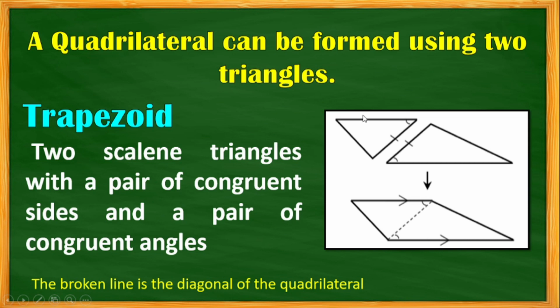So this side is different from this side, and this is different from this side. But take note, to form a trapezoid, you need two scalene triangles with a pair of congruent sides. This should be congruent to another side of the triangle. So this one is congruent to this one.